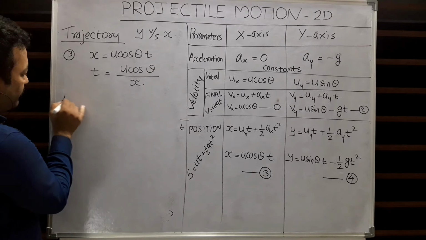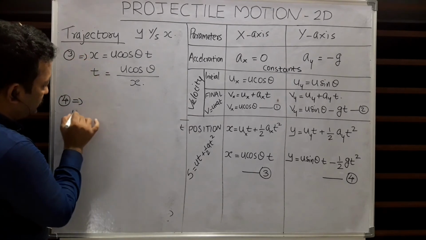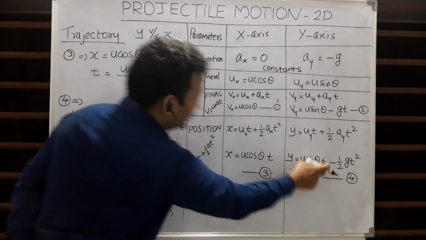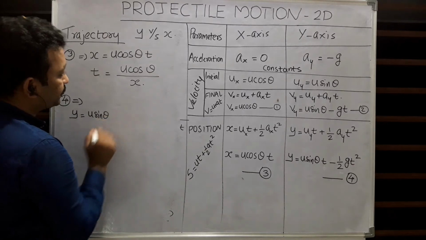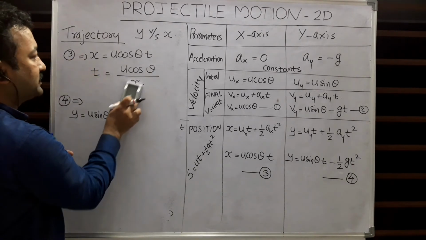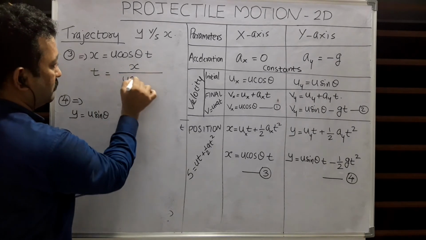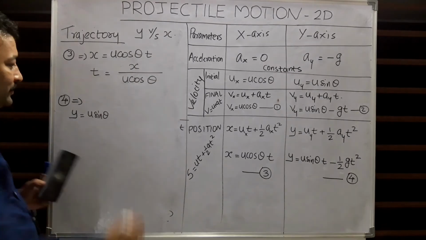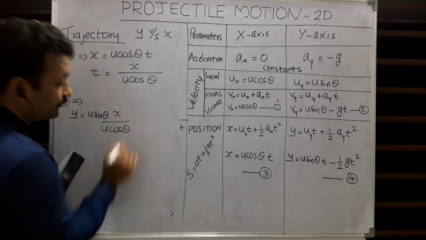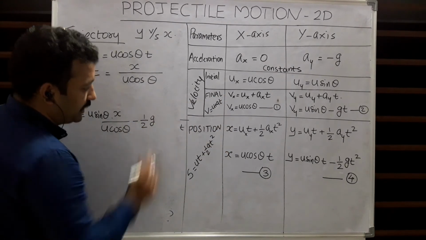Substituting this in 4, equation 4 will become y is equal to u sin theta times t, where t is replaced by x divided by u cos theta, minus half g times t square.